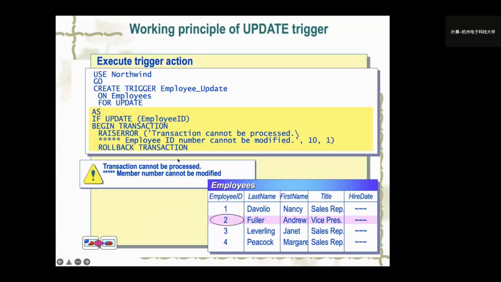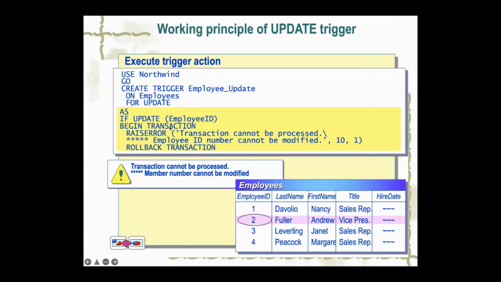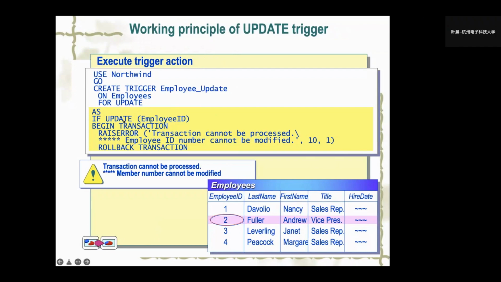Then let's execute a trigger action. If we update the records in the employees table, we have a trigger that says that if you want to update the employee ID, this transaction cannot be processed. It means the employee ID number cannot be modified.